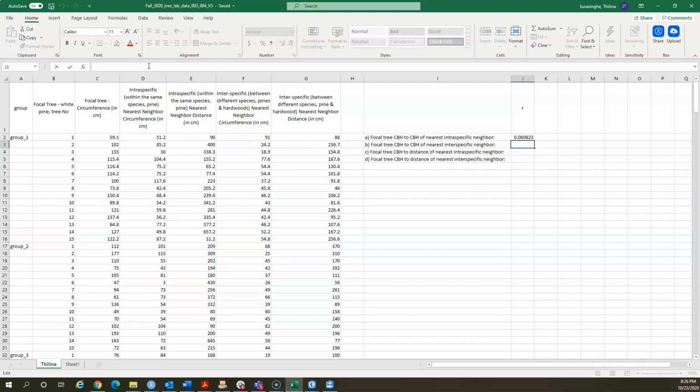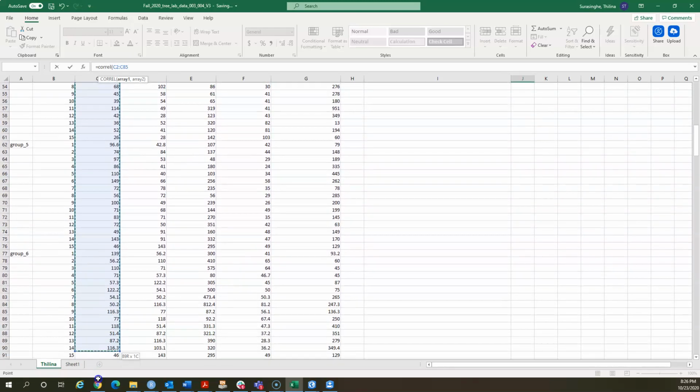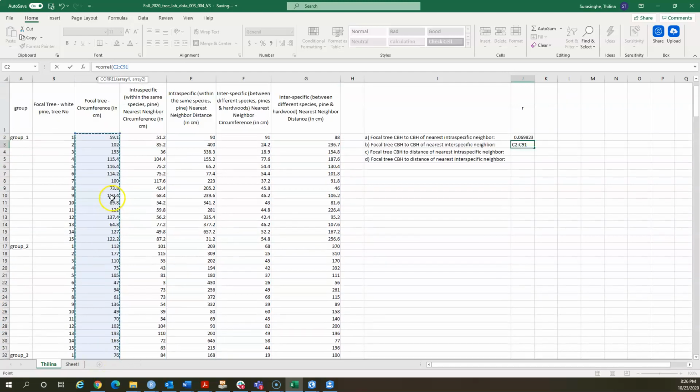Go to the formula bar, equals CORREL, open parenthesis, array 1, focal tree, right? And then comma, array 2 is going to be interspecific circumference. So column F.